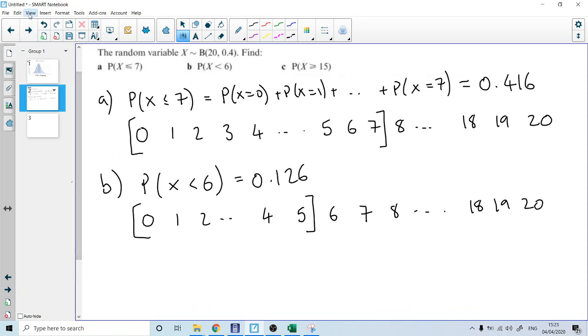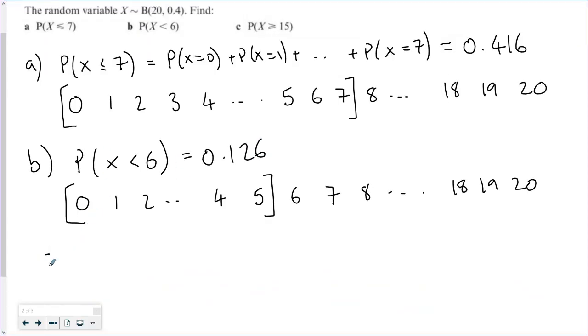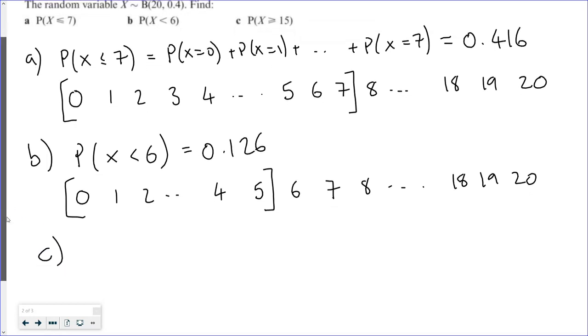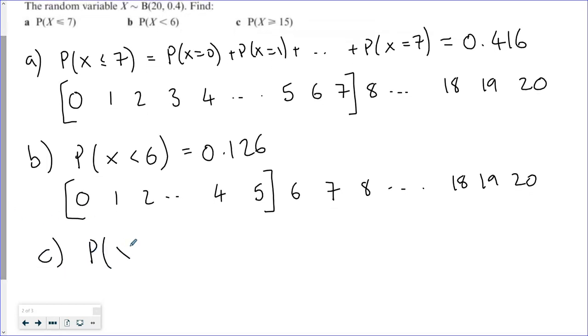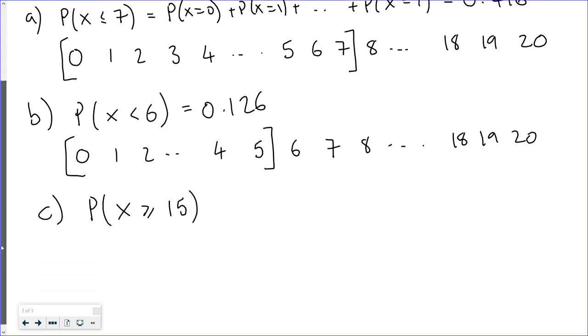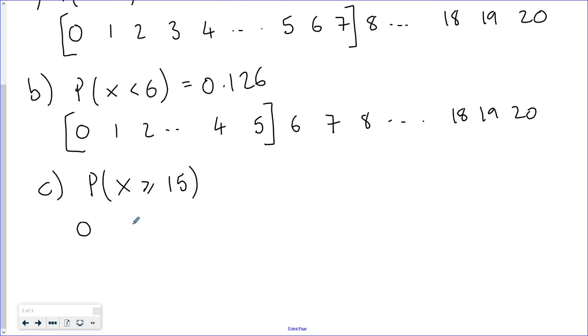And finally in C, this is where it gets a little bit more complicated with the black and white calculators. So we want greater than or equal to 15. So again, let's draw out some values starting at 0.